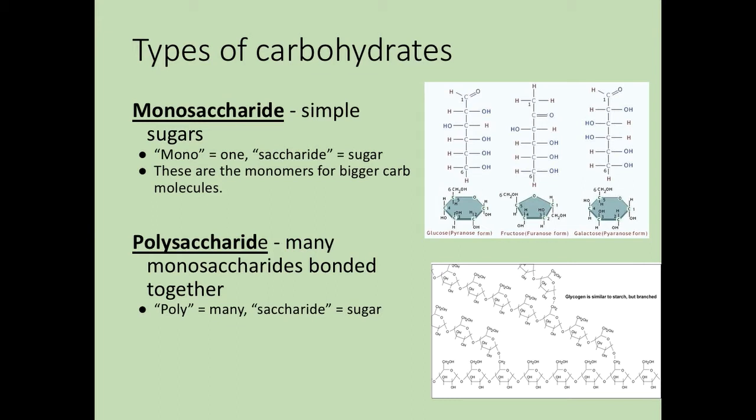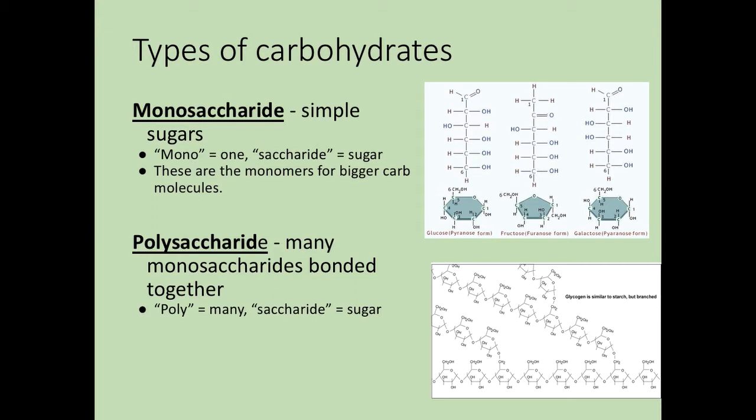So a monosaccharide. The prefix mono means one, and saccharide is sugar. A monosaccharide is a simple sugar. They're small, they're easy to break apart. You can put them together and make a bigger sugar molecule or bigger carbohydrate.